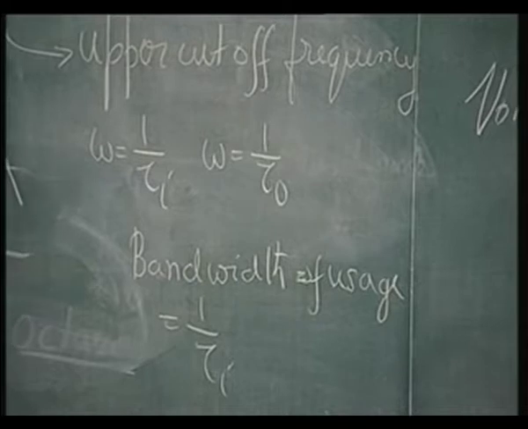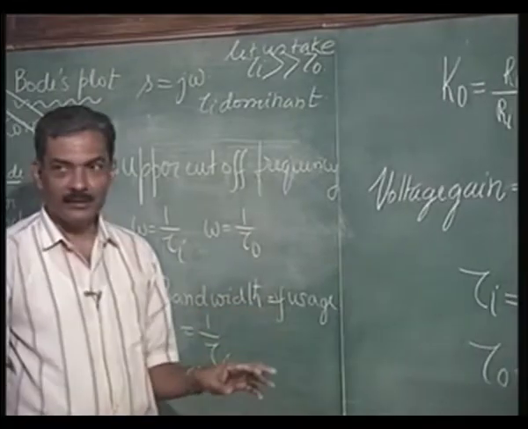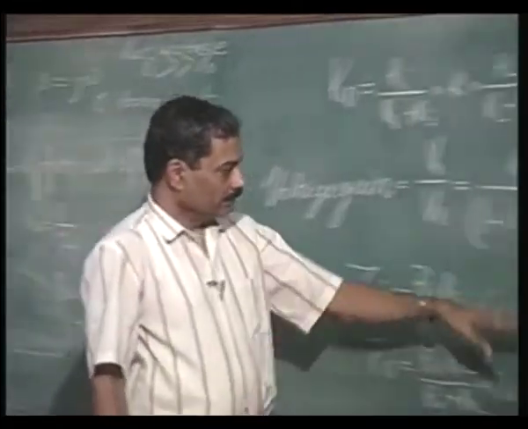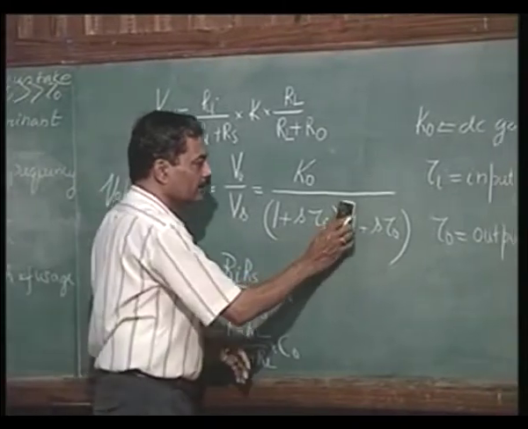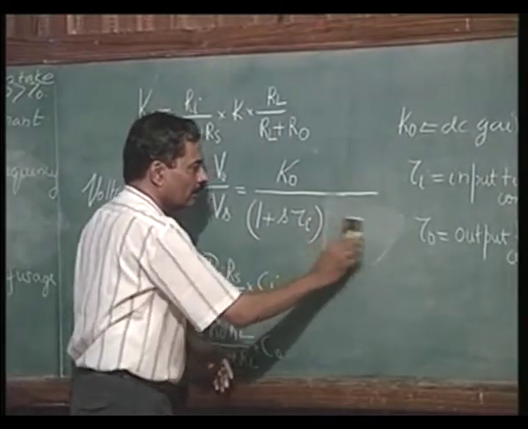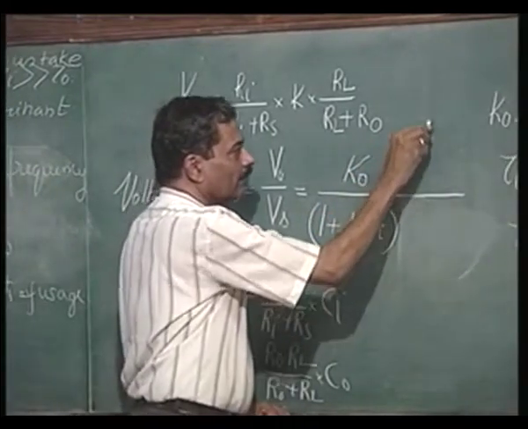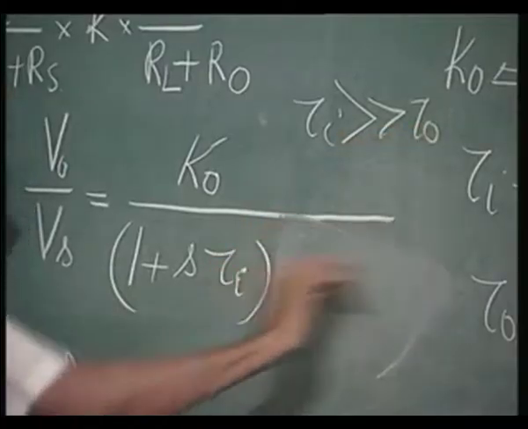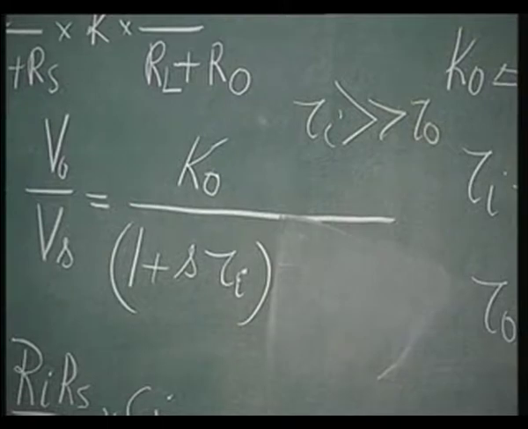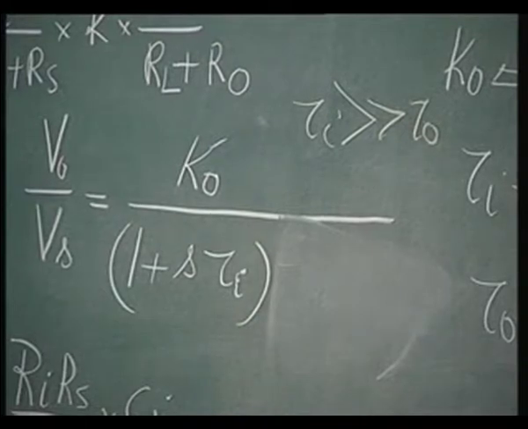What it simply means is, if tau I is dominant, this can be ignored. Tau I much greater than tau naught, this can be ignored because this is of no significance in the frequency range of interest to us. What is the frequency range of interest to us?